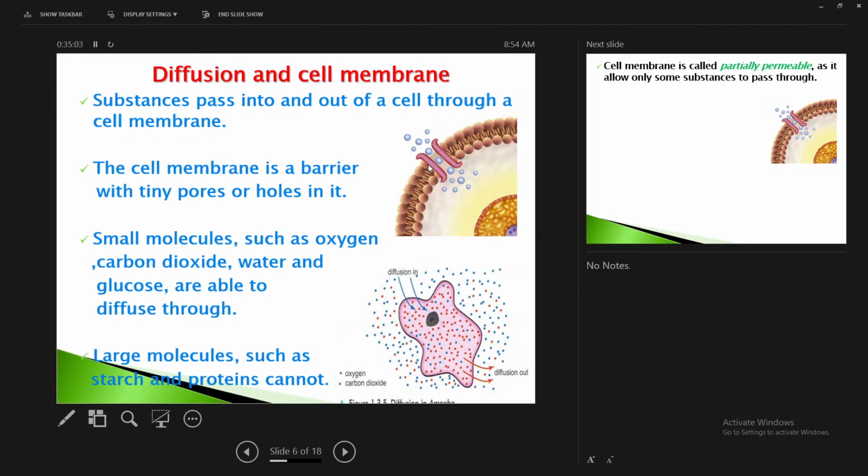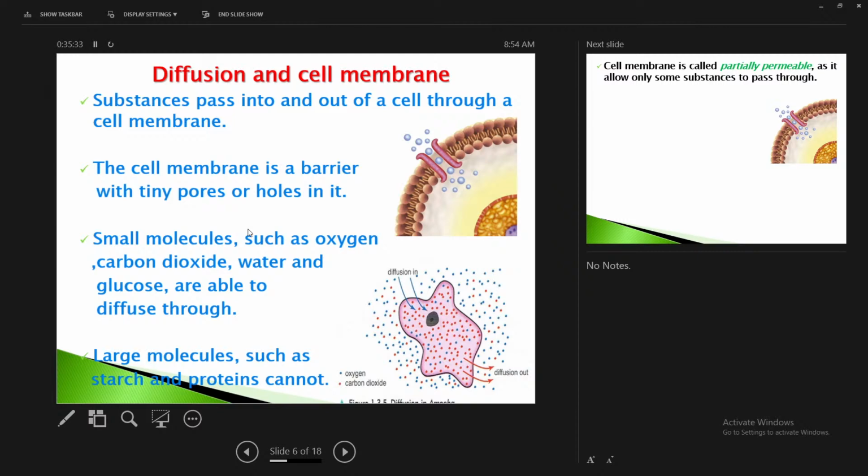What we mean by high concentration is the area where there is a lot of that particular substance or chemical, and the place of low concentration is where you basically have a small amount or a few.